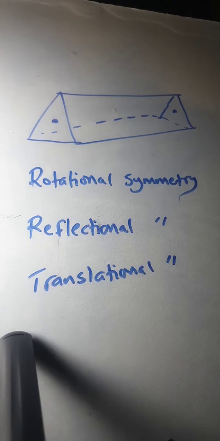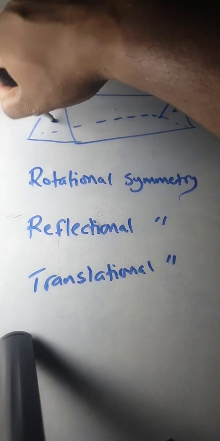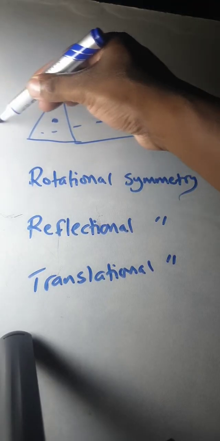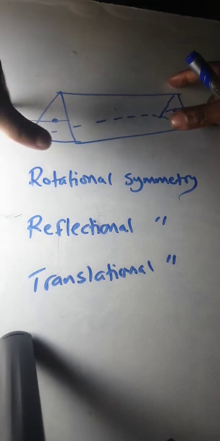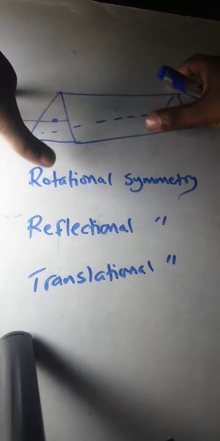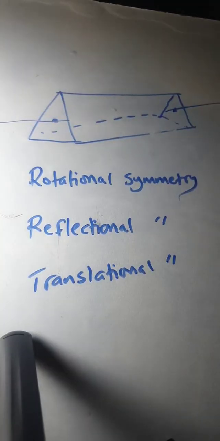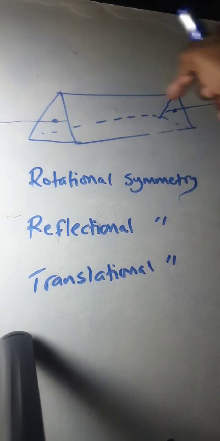If we use this center to make it rotate, three times it comes back to its original position. So you say the prism can be rotated through the center.